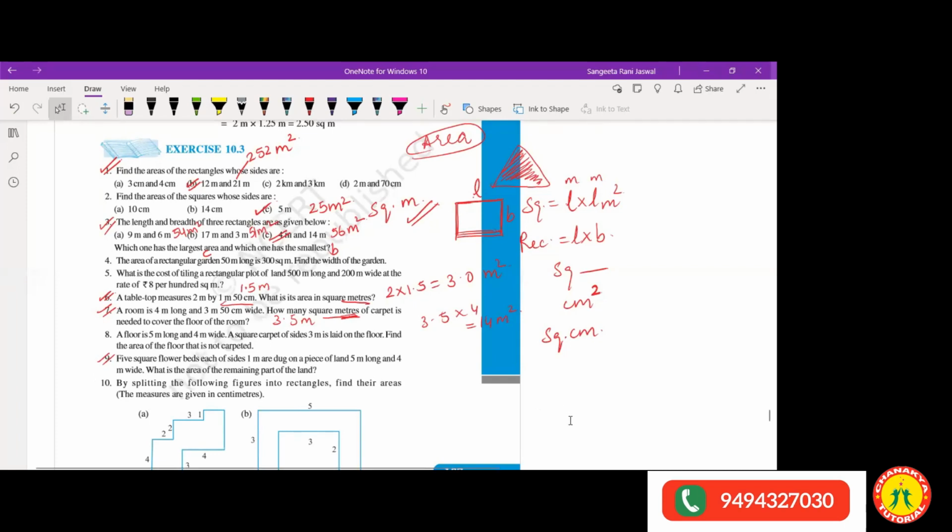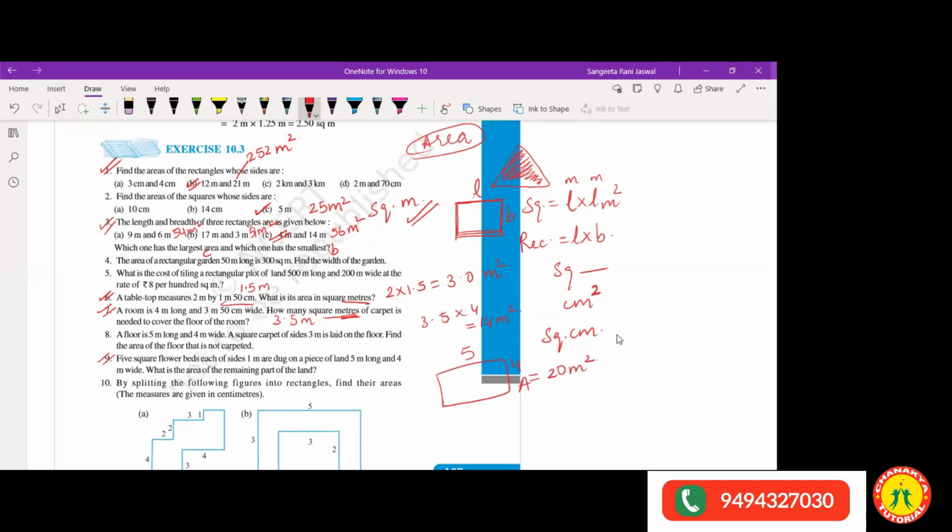So what is the question asked here? 5 square flower beds, each of size 1 meter, are dug on a piece of land 5 meter long and 4 meter wide. Now this is the complete piece of land. That means the area of this rectangular part is 20 meter square, right?